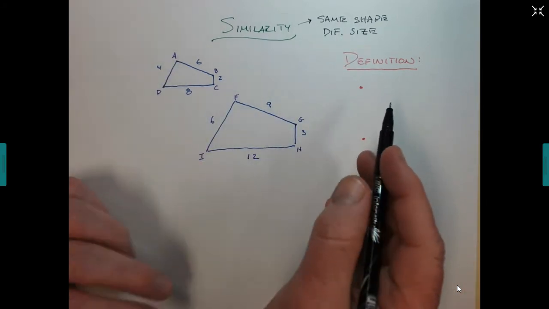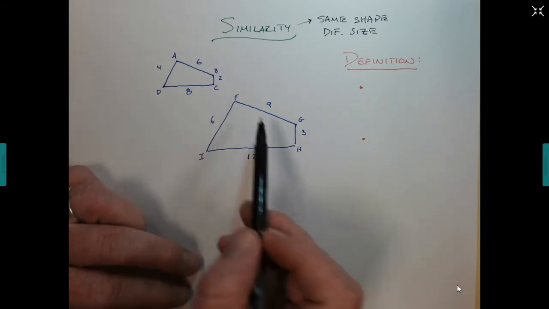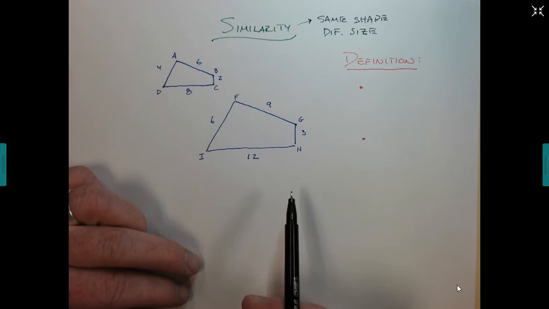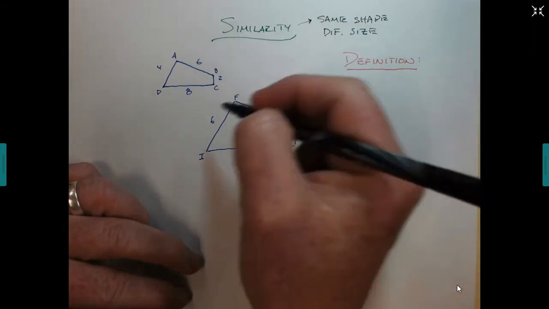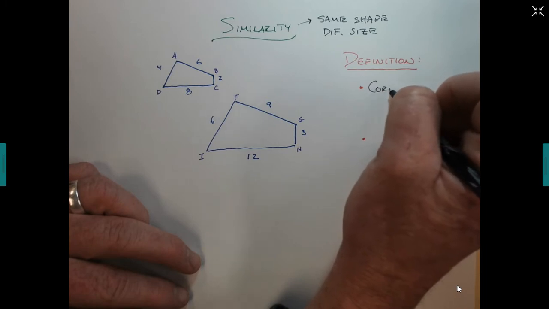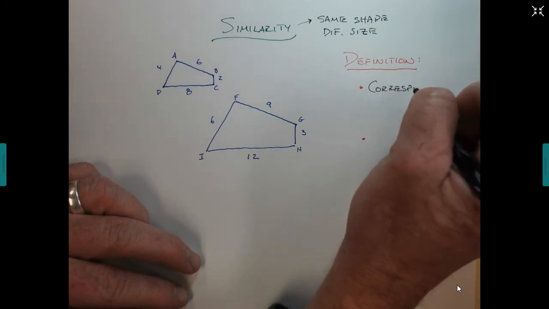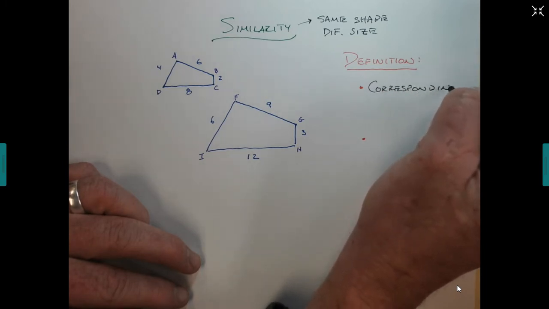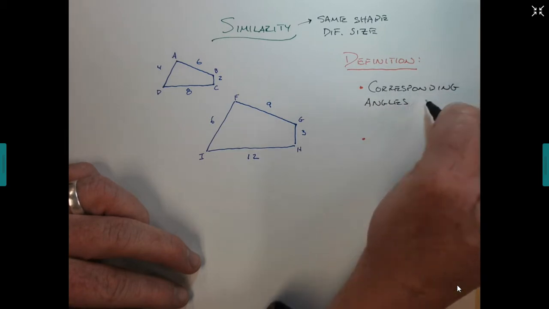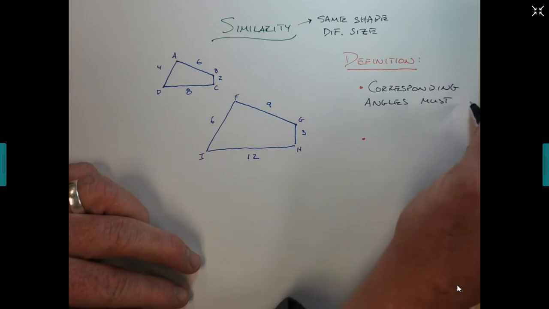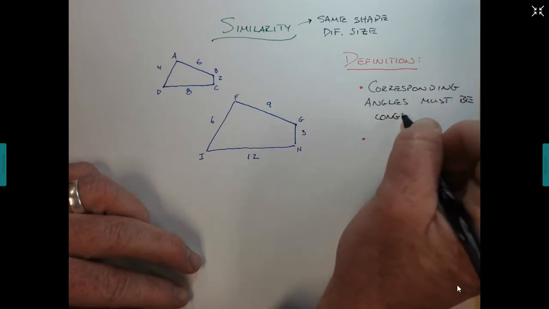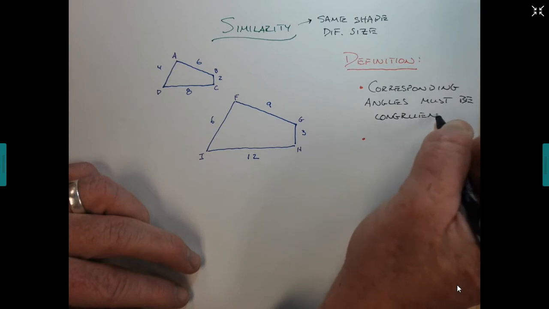The definition is really stating that all these polygons are made up of two kinds of items: sides and angles. For objects to be similar, the corresponding angles must be congruent.